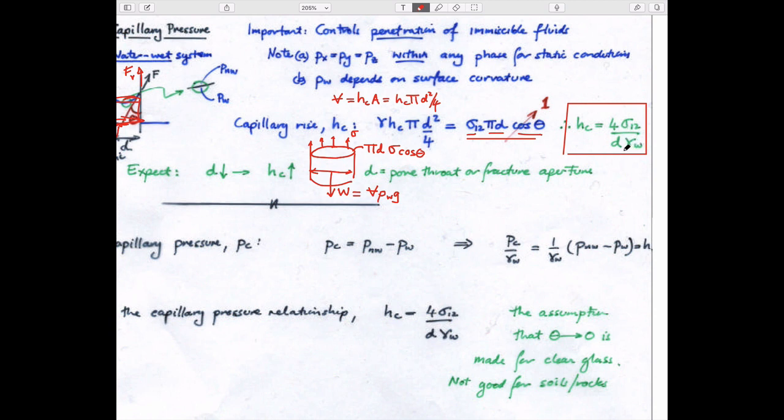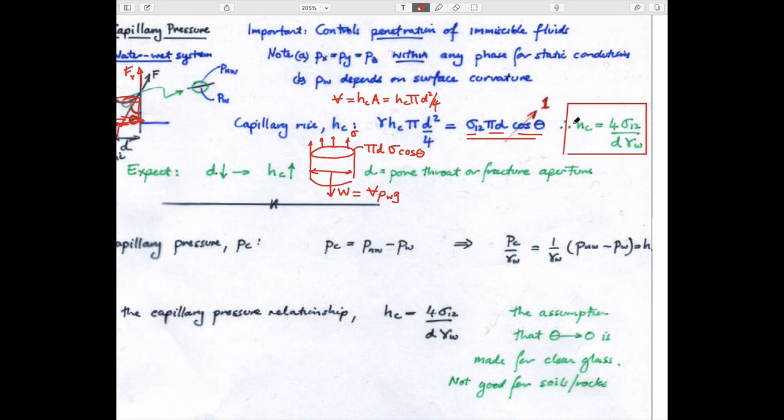The unit weight doesn't change very much, but interfacial tension will change depending on the fluids and the solids that are involved. And the diameter of the capillary: if you make it a really small capillary, it'll be a really big height rise. If you make it a really big capillary, then this will basically be zero.